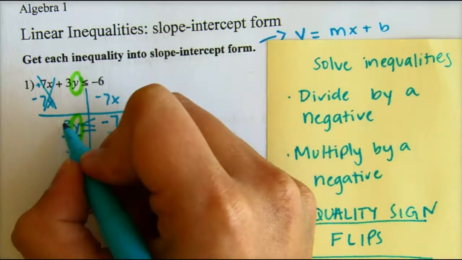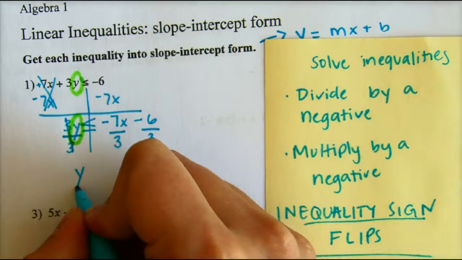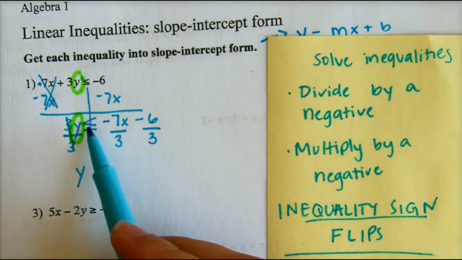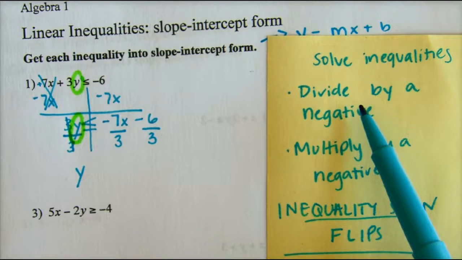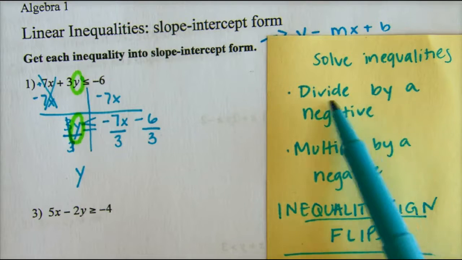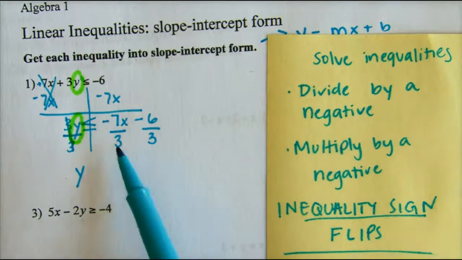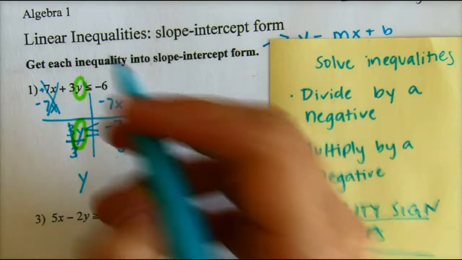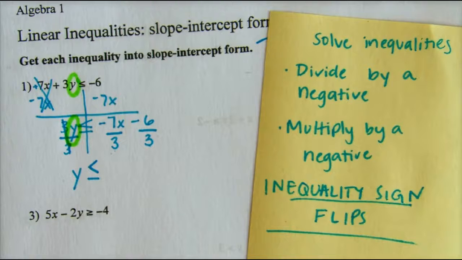So over here, my 3 is going to cancel out. I'm just left with a y. Looking at my inequality sign, so I know I divided by 3, but did I divide by a negative 3? No, these are all positive 3s. So my inequality sign doesn't flip. It stays exactly the same, still less than or equal to.